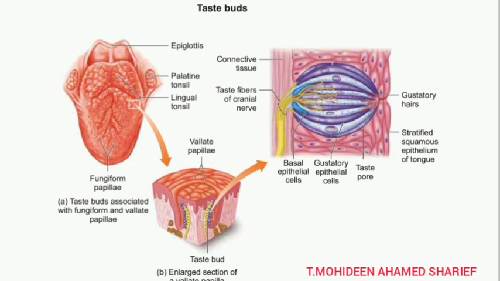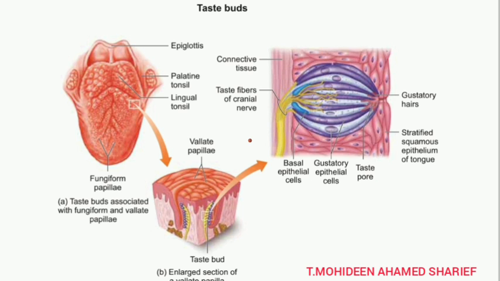The taste buds are flask shaped and consist of 50 to 100 epithelial cells of 2 major types: gustatory epithelial cells called the taste cells, and basal epithelial cells called the repairing cells. The long microvilli called the gustatory hairs project from the tip of the gustatory cells and extend through a taste pore to the surface of the epithelium where they are bathed by saliva.